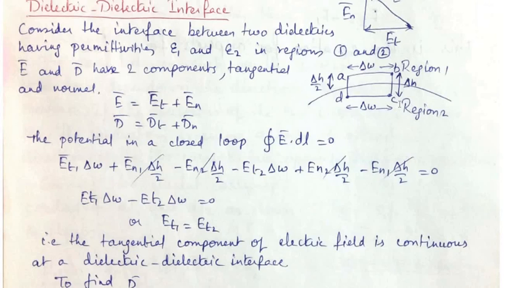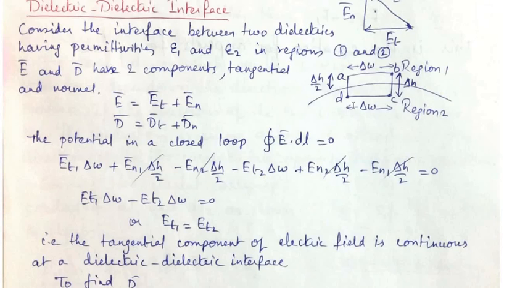Next, from C to D. From C to D, the field is in the opposite direction as A to B. If you see the direction of field from C to D, it is in the opposite direction. So that's why we need to put minus ET2, because it is in the region 2 and ET2 is a tangential component. And the distance between C to D is delta W.